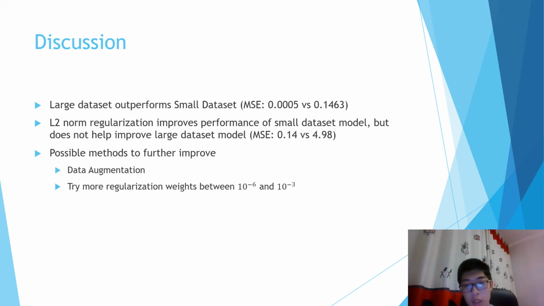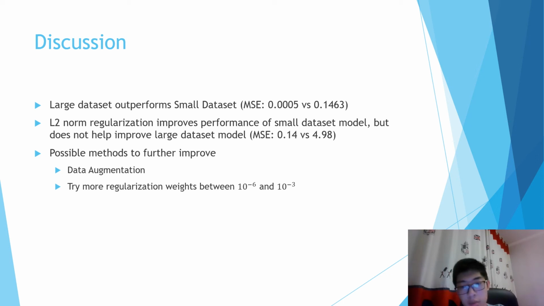Next, I would like to share some of my thoughts on this project and some of my conclusions. Firstly, the large dataset outperforms the small dataset. We can directly see this from the mean squared error. And secondly, L2 norm regularization improves the performance of the small dataset model, but does not help improve the large dataset model.